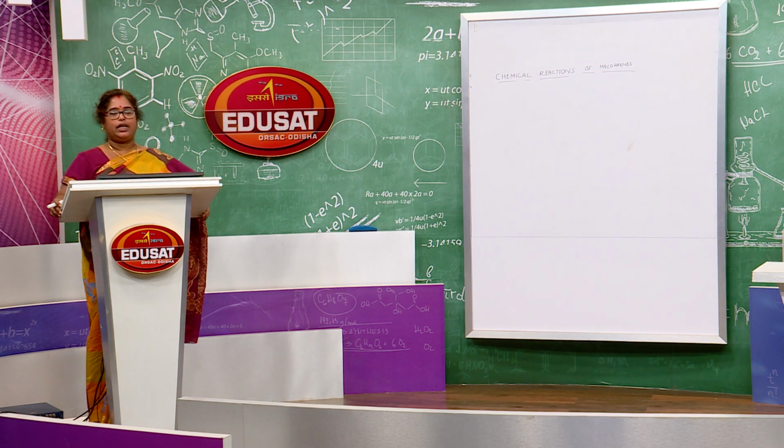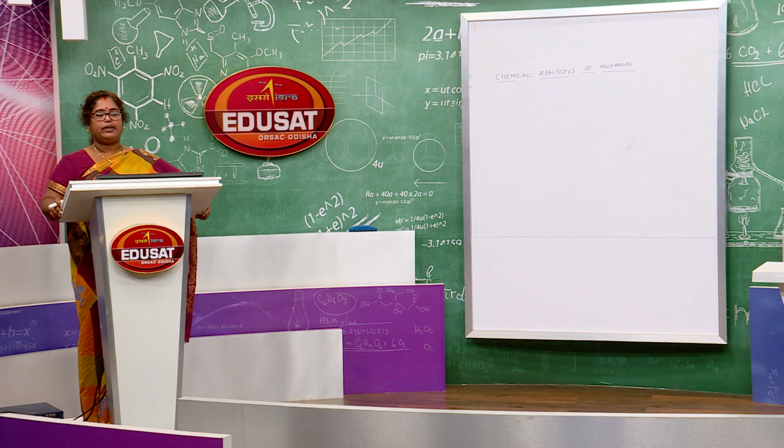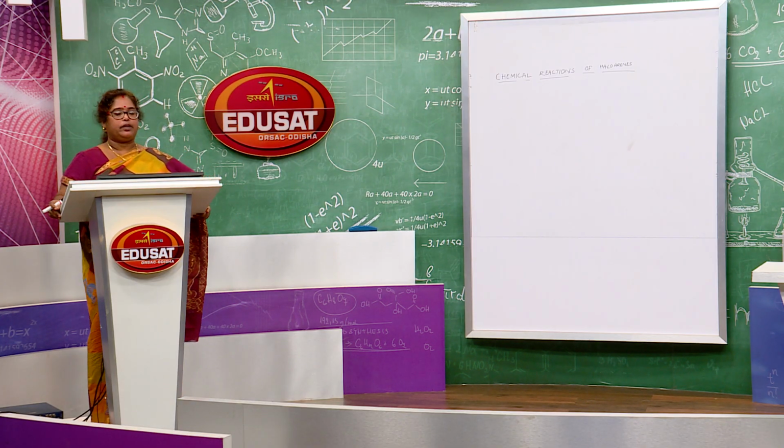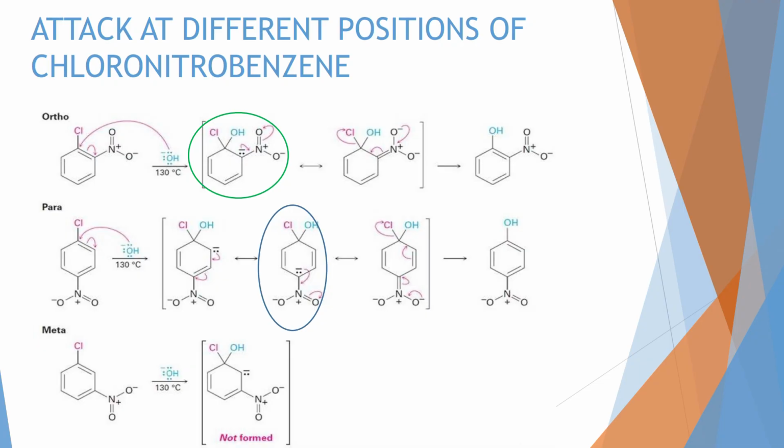Here I have given you a comparative attack at different positions of chloronitrobenzene. You may see in the first case it is the ortho position with respect to the Cl atom where the NO2 group is joined, and here the nucleophile which attacks is OH minus.